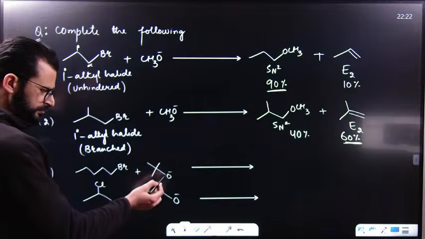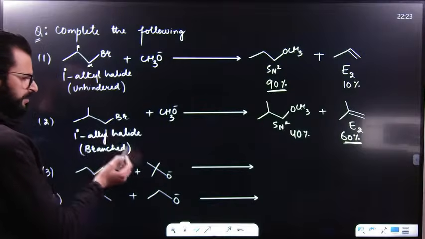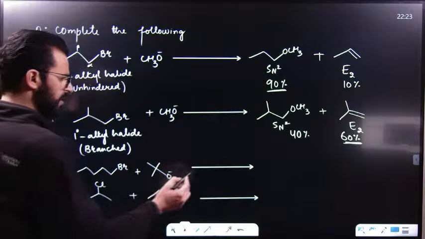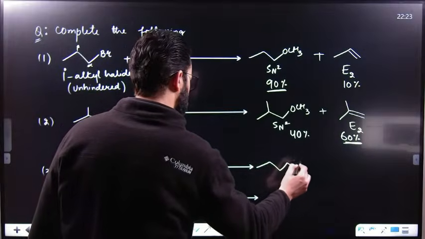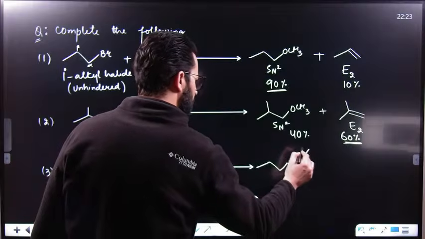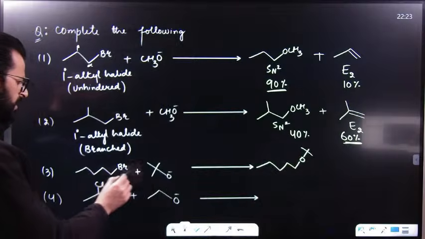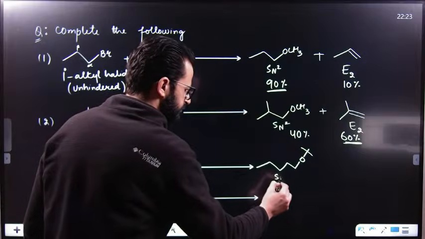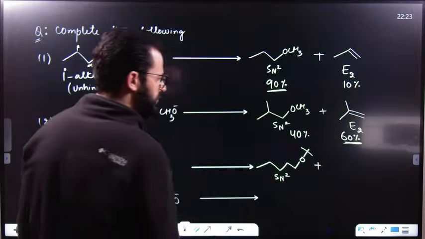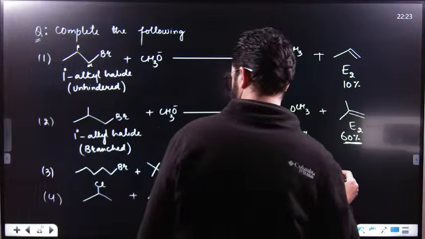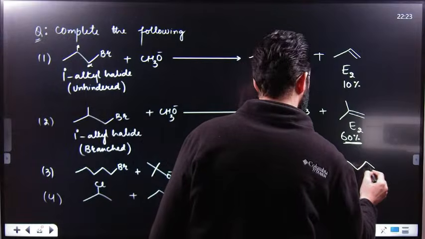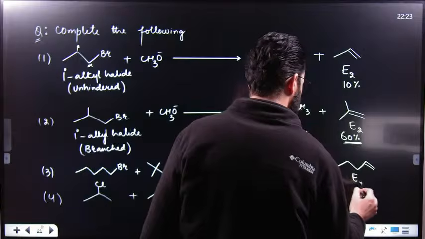Now here, this has a branch. But if it acts as a strong nucleophile, it will show a reaction like this. It will be O and then this. That means it will be an SN2 product. Now after that, if it acts as a base, the product will be like this, and this will be the E2 product.